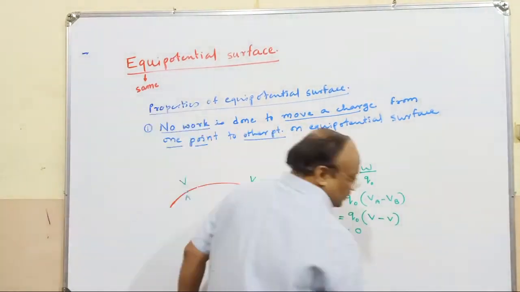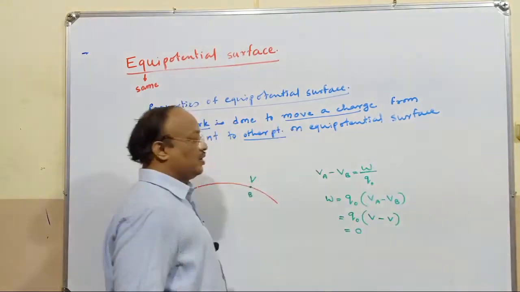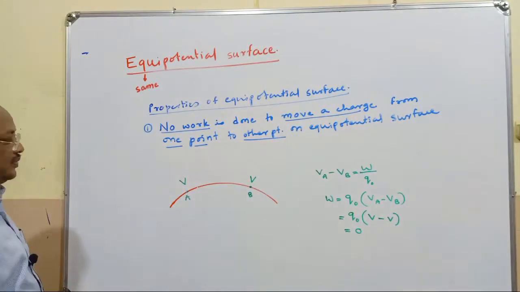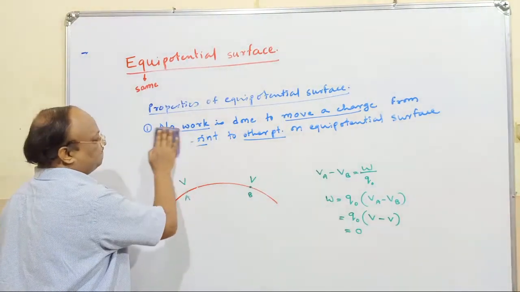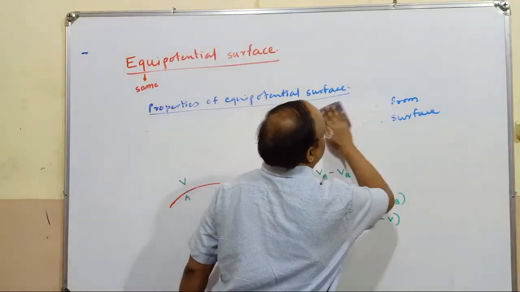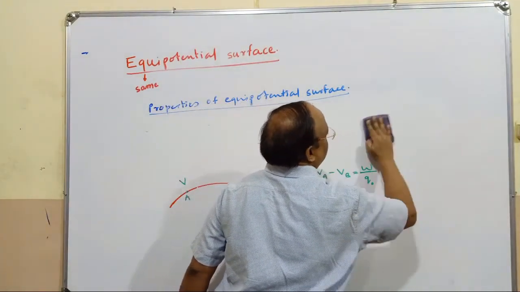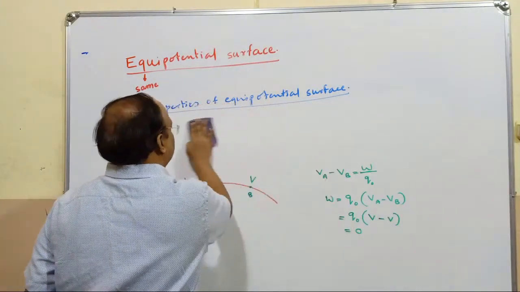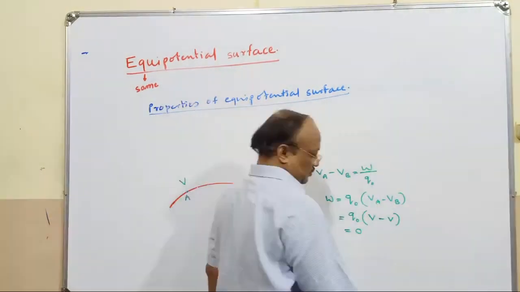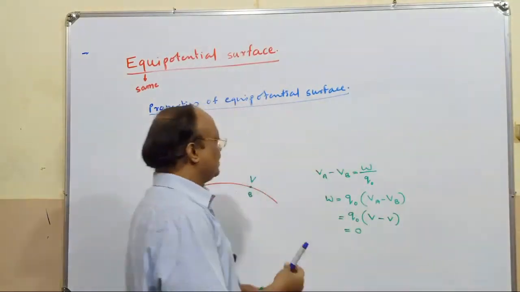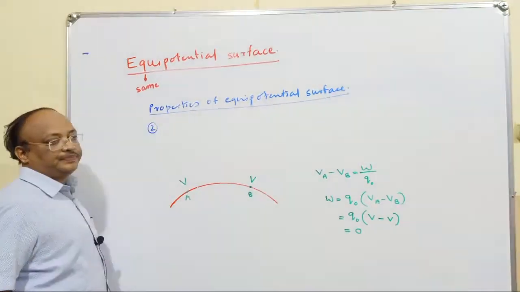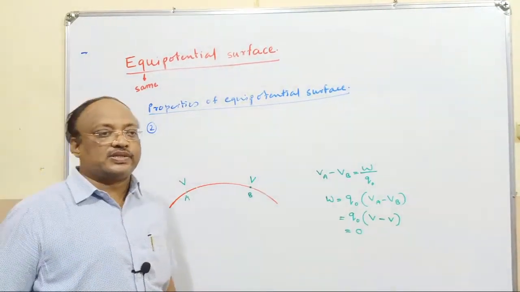So now we'll move to the next property, that is the second property. What does it say?